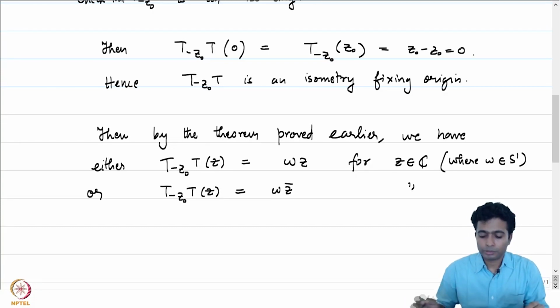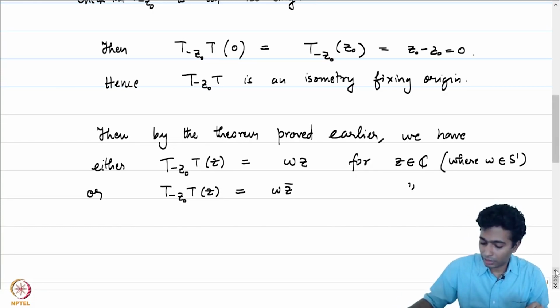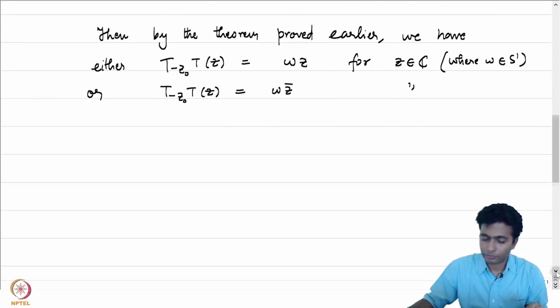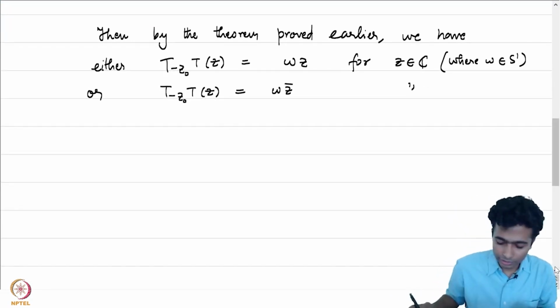So these are the only two possibilities that we have for T minus z0 T, because we already know what the isometries fixing the origin are.